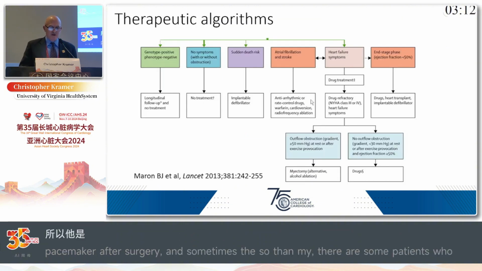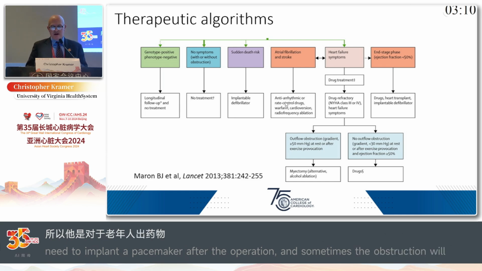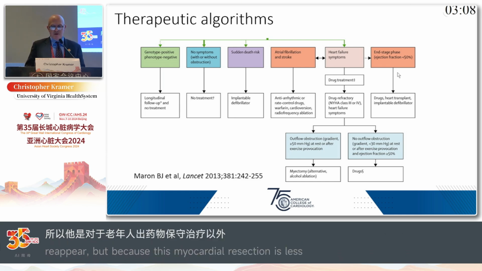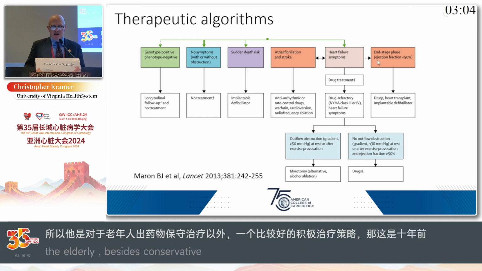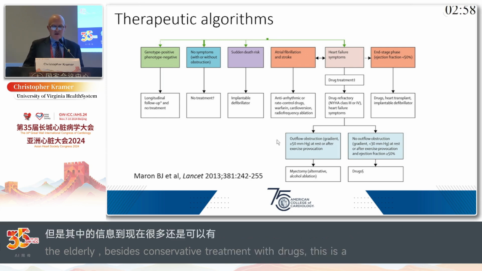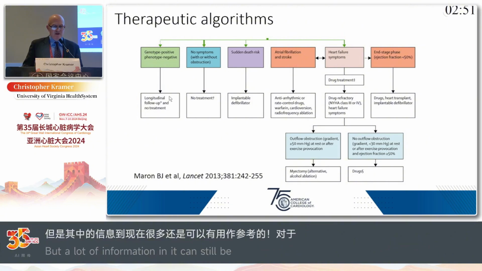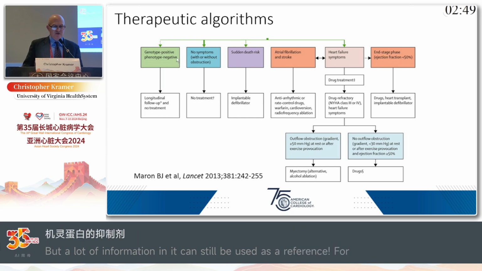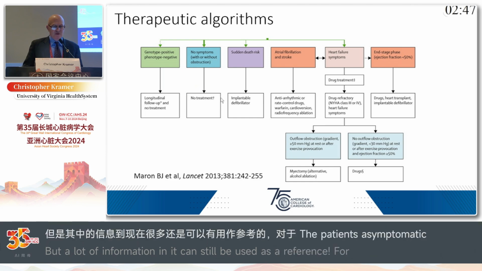So this is a therapeutic algorithm that's now 10 years old, published by Barry Maron, but most of it has remained the same except for the addition now of the myosin inhibitors to therapy. If patients are genotype positive, phenotype negative, there is no specific therapy needed. If the patient's asymptomatic, no therapy is needed.